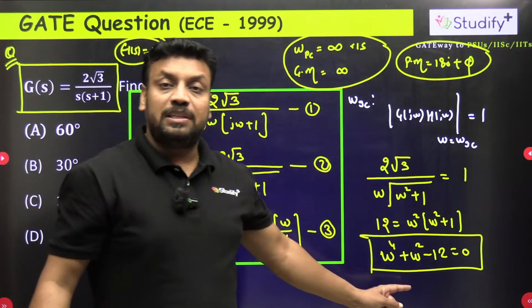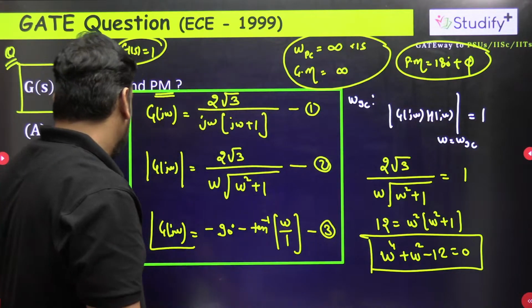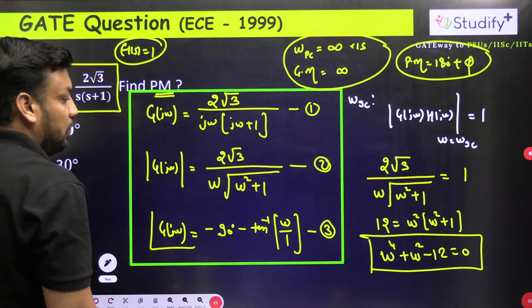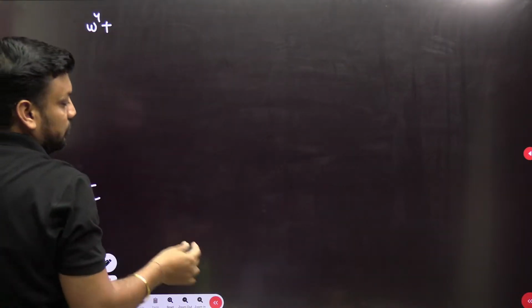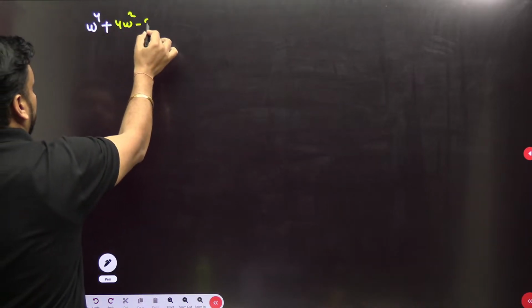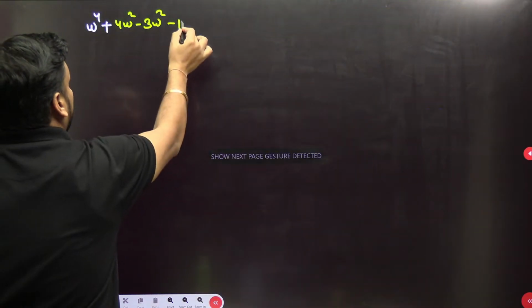And here can we say that 4 3s are 12? Do we have a partition here? Yes or no, children? Yes, partition is possible, sir. Partition is definitely possible. So if you partition, then can we write omega 4 plus 4 3s are 12. So I am writing here 4 omega square minus 3 omega square and minus 12, right? Yes sir, minus 12 equal to 0.